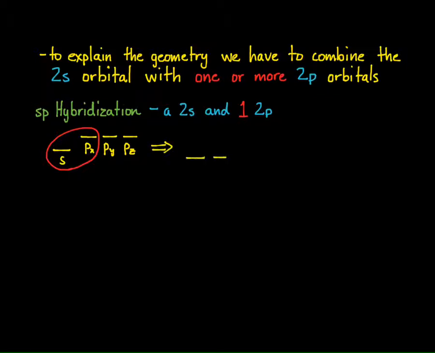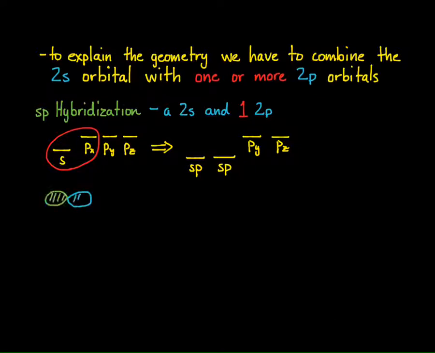And so we get two sp orbitals, and then we're left with a py and a pz. So we still have four orbitals, but now the energy is a little bit different, because the two sp orbitals are going to have the same energy, and the two p orbitals are going to have similar energy. So what do these new hybridized orbitals look like?